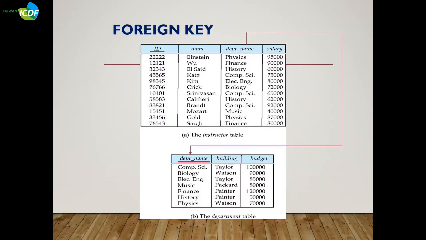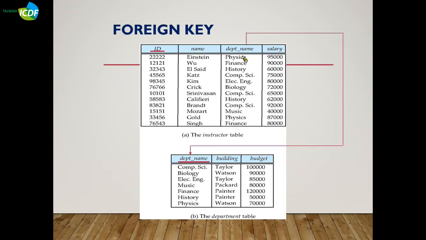And now let's take a look at these two tables. One is the instructor table and the other table is department. The instructor table records the attributes associated with instructors, including ID, name, department name, and salary. As to the department table, it records the data related to the department, including department name, building, and budget.